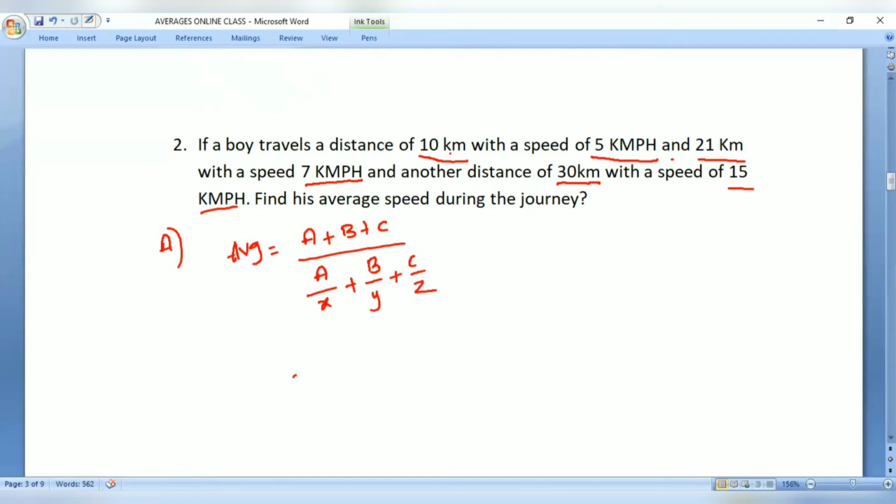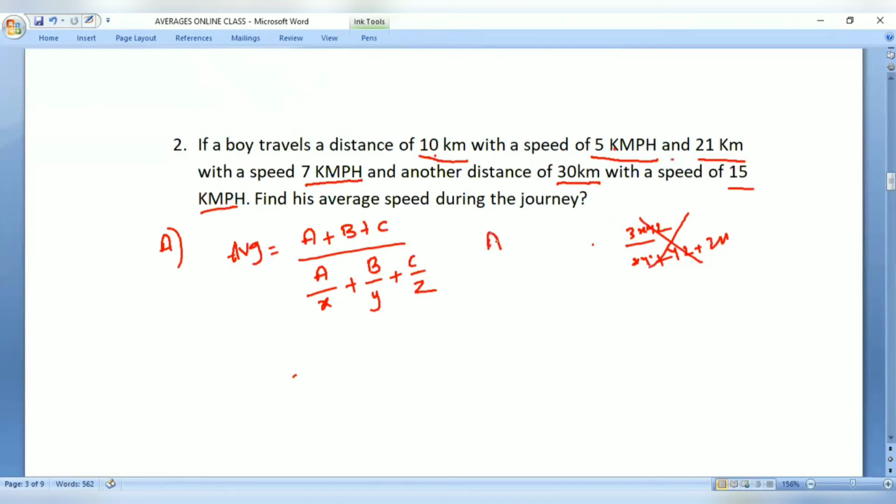For example, if the problem says the boy travels a distance of 10 kilometers with speeds of 5, 7 and 15 kilometer per hour, then we should have gone for the 3xyz by xy plus yz plus zx formula. But in this case, this is not applicable. So this we need to observe.